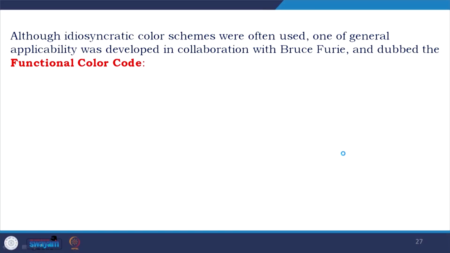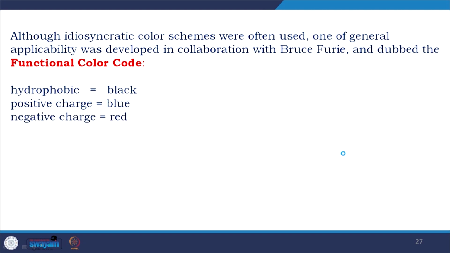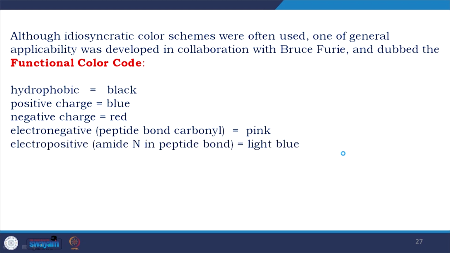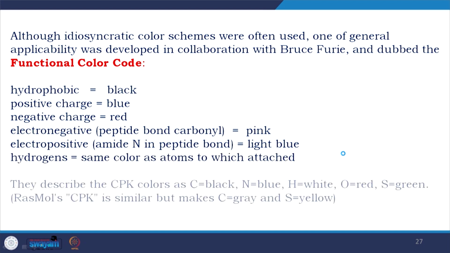Although idiosyncratic color schemes are often used, one of general applicability was developed in collaboration with Bruce Forey and dubbed the functional color code. The hydrophobic would be presented in black, the positive charge in blue, the negative charge in red, electronegative in peptide bond carbonyl in pink, electropositive in light blue, and hydrogens the same color as the atom to which they are attached.